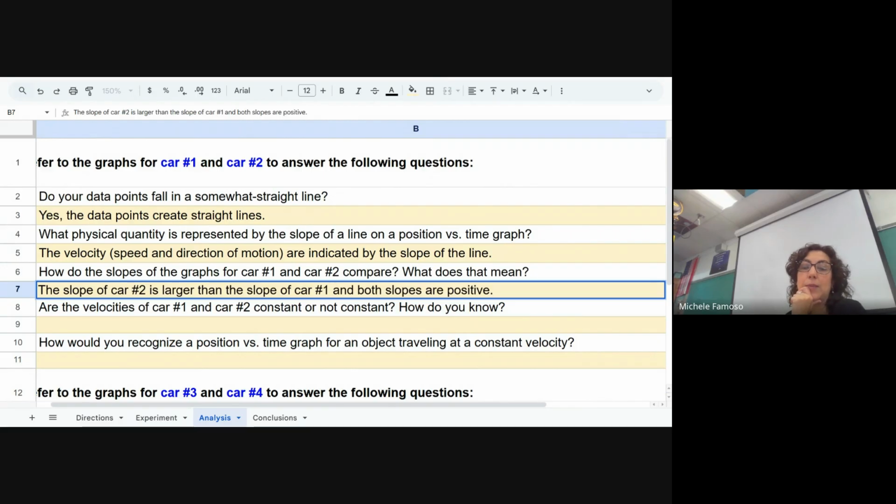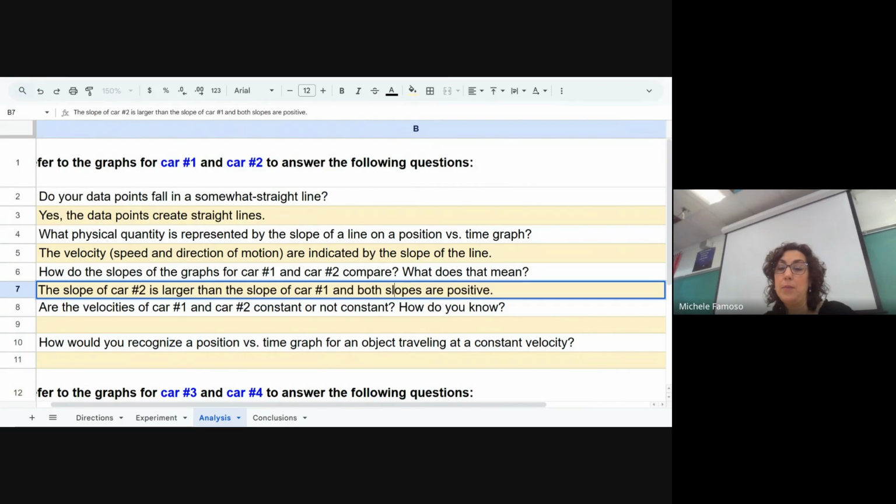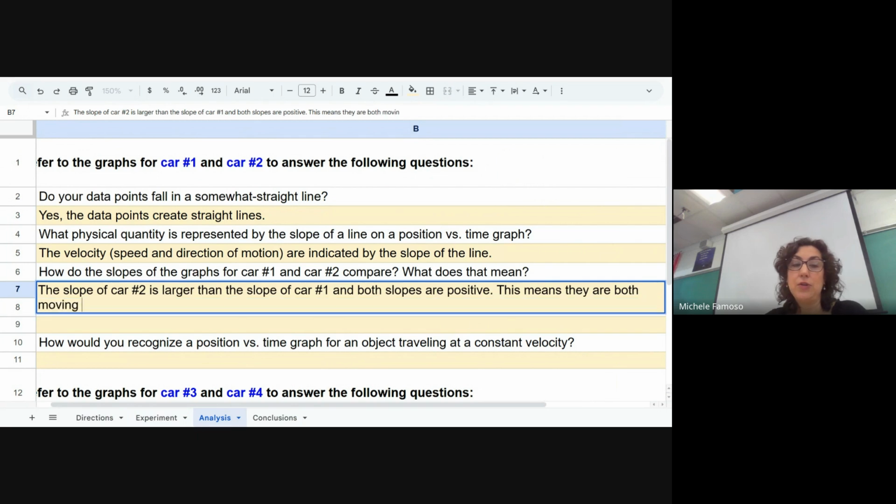Okay, in the meantime, we can continue typing. So we said that the slope of car number 2 is larger than the slope of car number 1, and both slopes are positive. So this means they are both moving to the right, but car number 2 is moving faster.